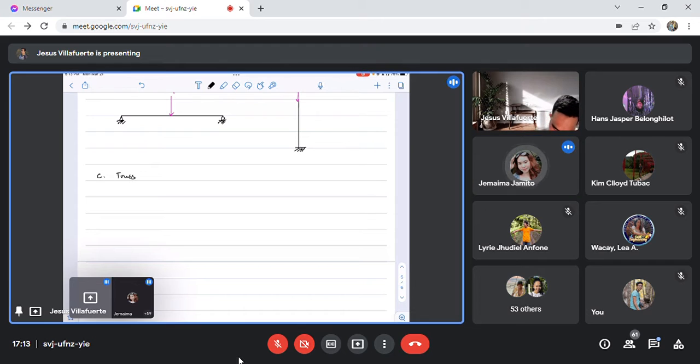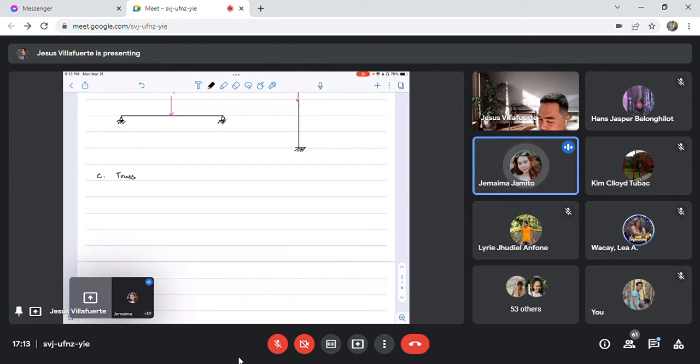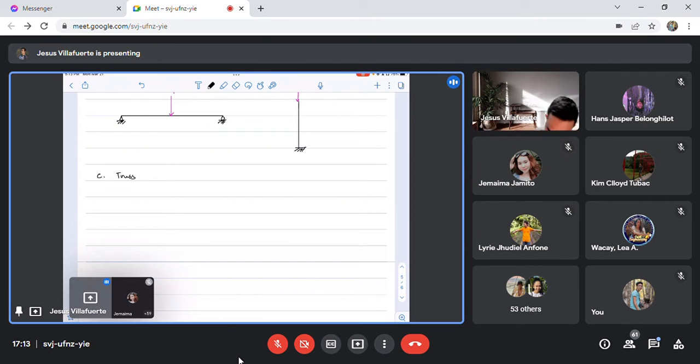Yes, to form a stable framework. Okay, you have a point. So a combination of several members so that they act as one, resisting force. So it is pin connected.